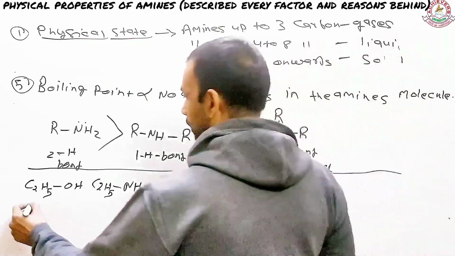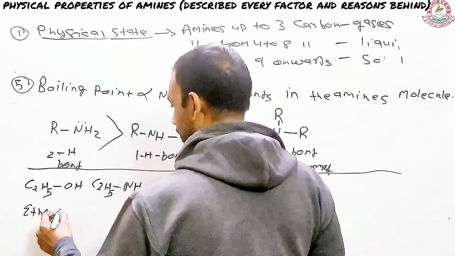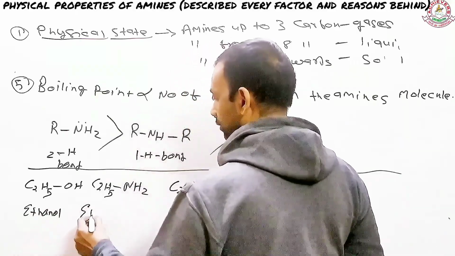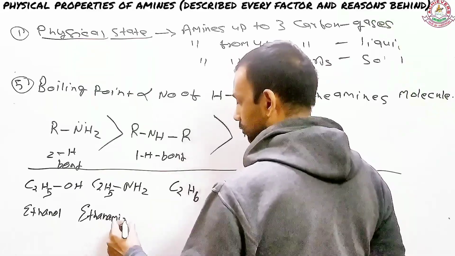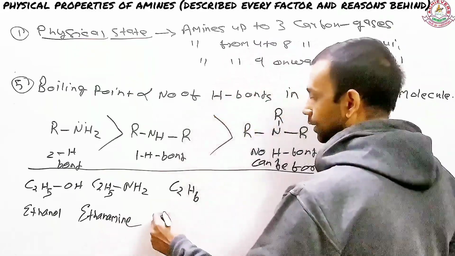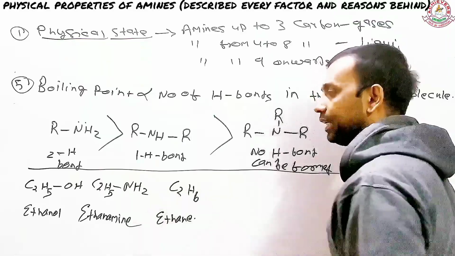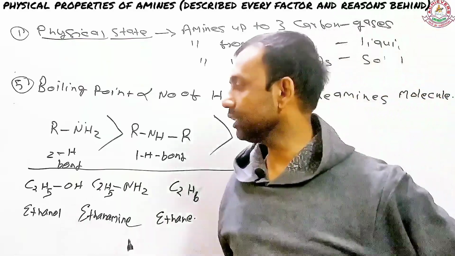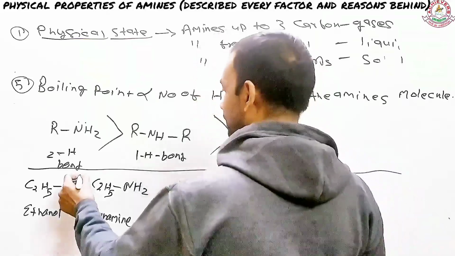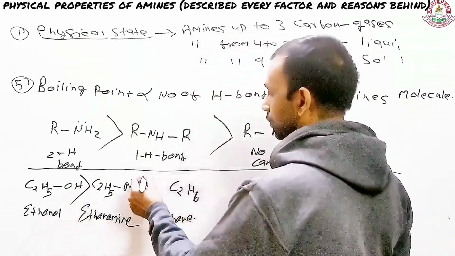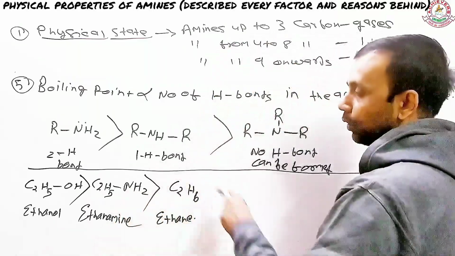So this is your alcohol, ethanol, this is your ethanamine, and then you have ethane. If there is a question like, out of these three, which one has the higher boiling point, then the answer is that ethanol has a higher boiling point compared to amine, and amine has a higher boiling point compared to ethane. Why?